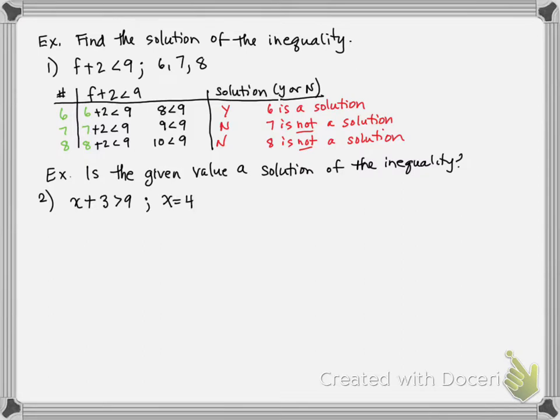So we're going to use substitution, and we're going to substitute 4 in for the x, and we're going to test it out. So is 4 plus 3 greater than 9? So let's see, is 7 greater than 9? The answer is that's false.